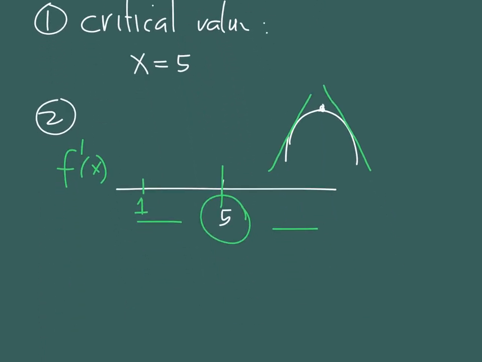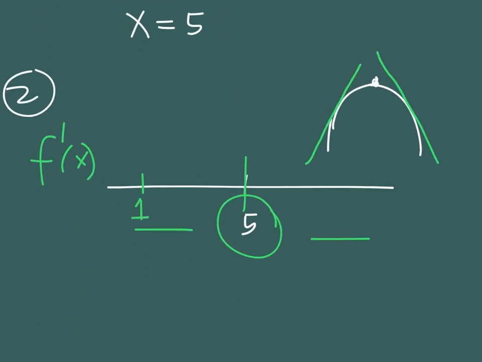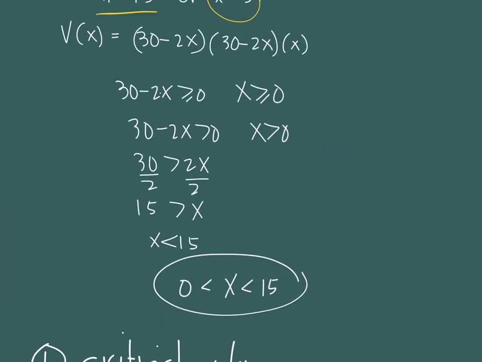So therefore, before the 5, the derivative is positive. The slope is positive, so the curve is increasing. And then after 5, we want to check what is happening. We can use 6 or any other number. And then we substitute again on the given expression.